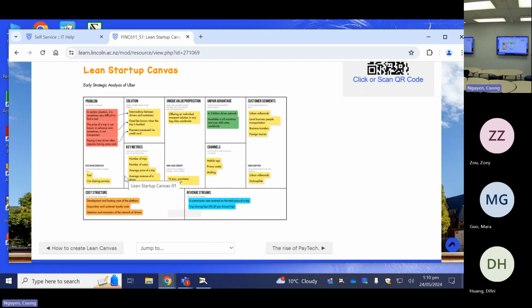So what you see here, there are several things in a canvas business model. This is a very short way to present your idea.